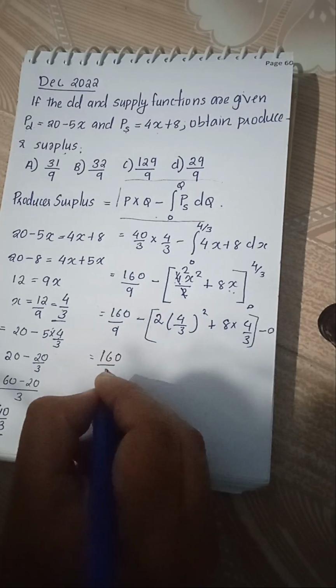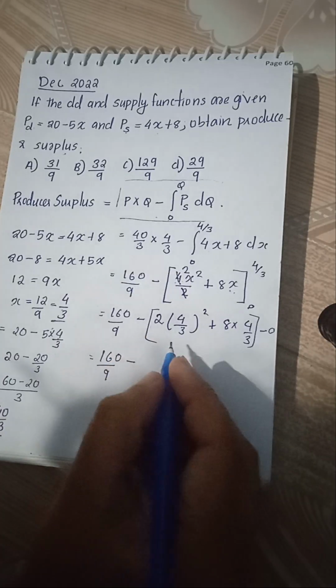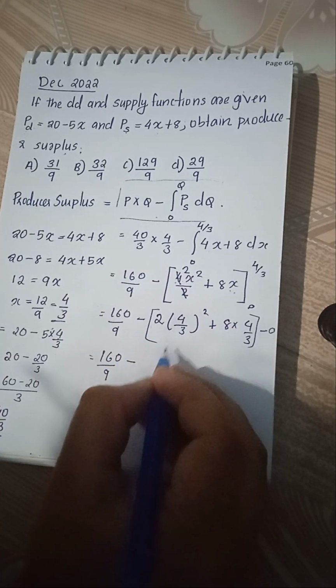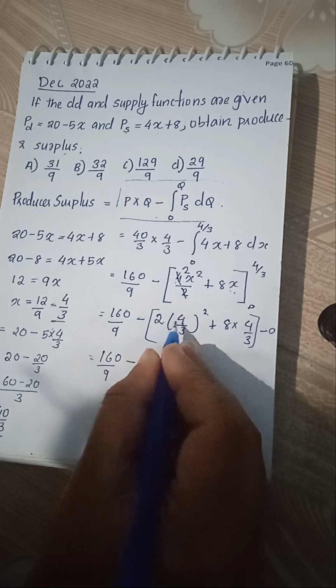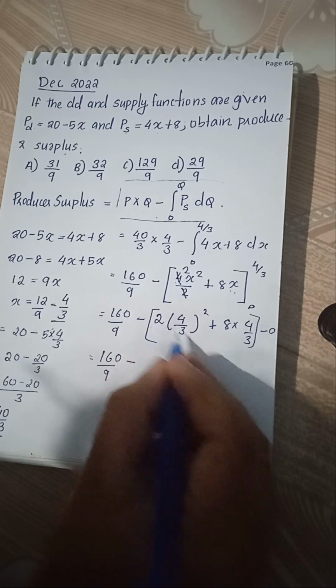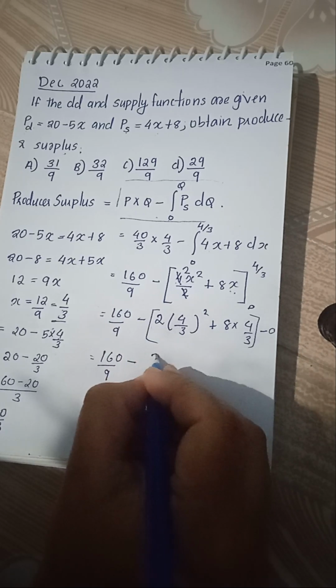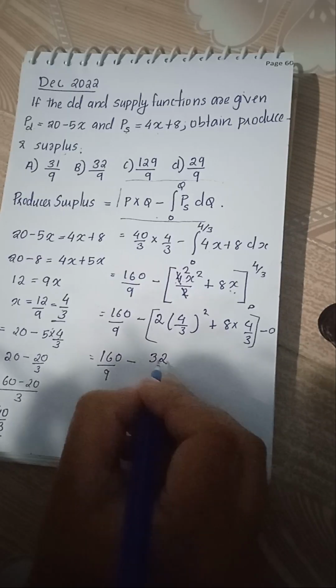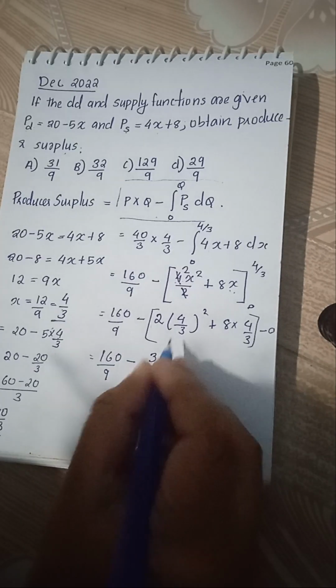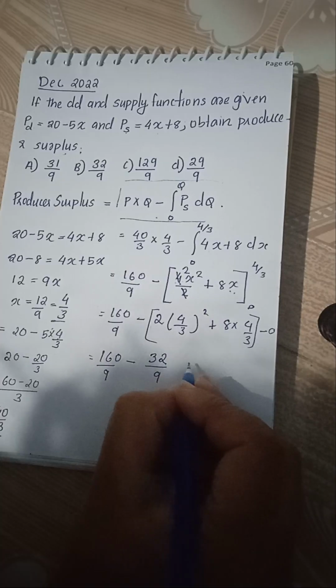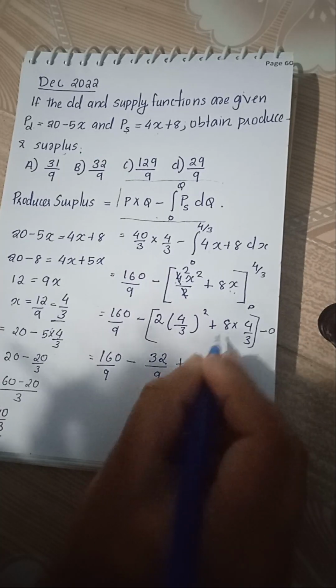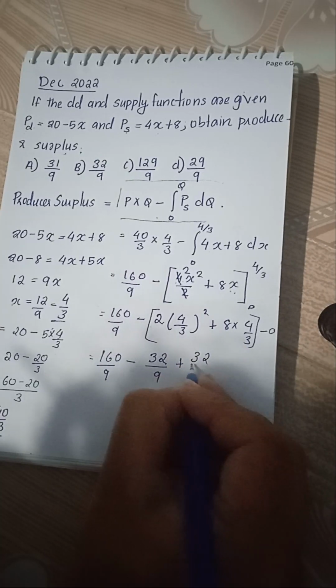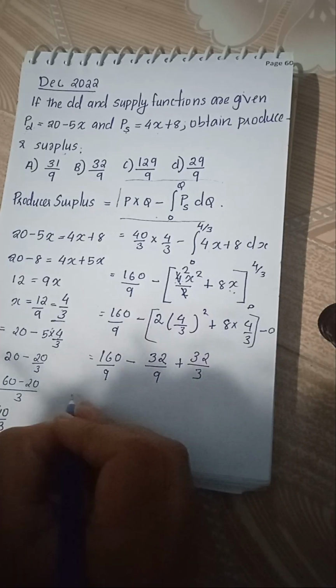Let's continue. Squaring, we get 16 into 2, that is 32 divided by 3 square, 9, plus 32 divided by 3.